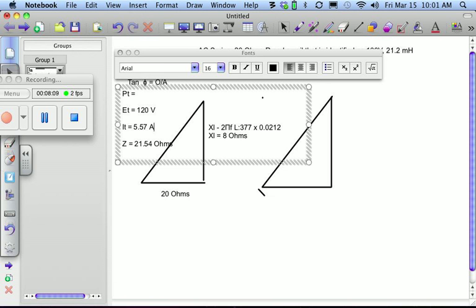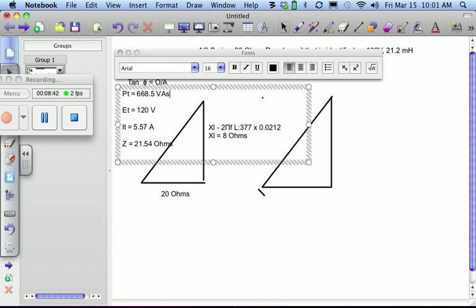Now, we're going to want our apparent power next, aren't we? So we take our 5.57 and multiply that times 120, and that gives us our total apparent power, which is 668.5 VAs, volt amps.